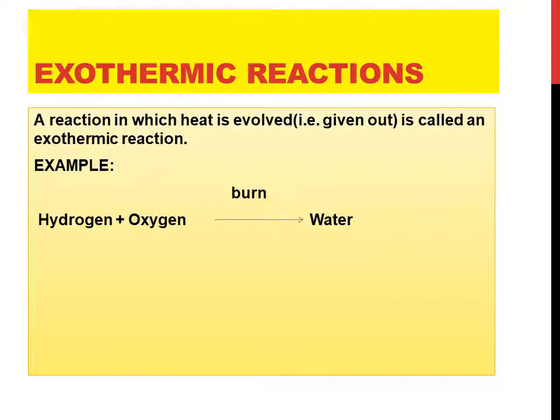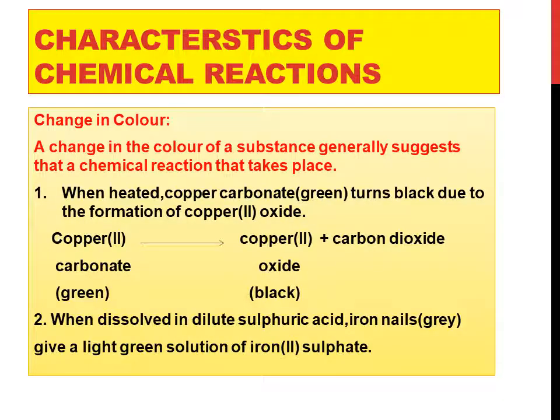Now let us move to characteristics of the chemical reaction. Several characteristic changes accompany a chemical reaction. In many cases, you can guess what has happened by observing these changes. There are certain things which help us identify the changes that have occurred in a chemical reaction.